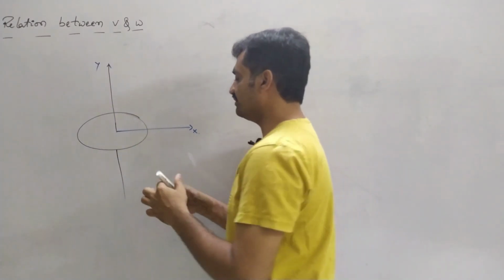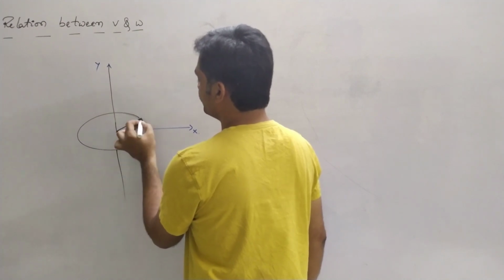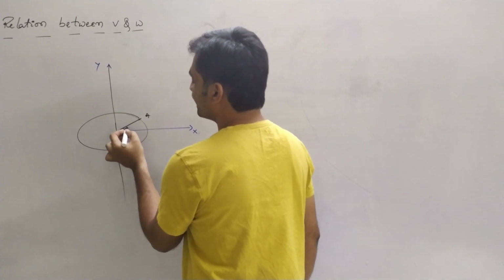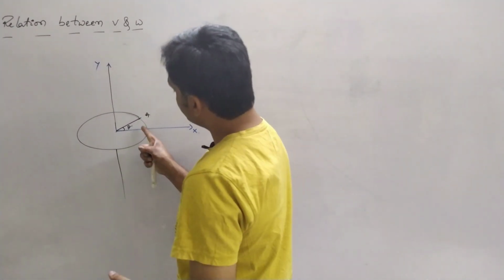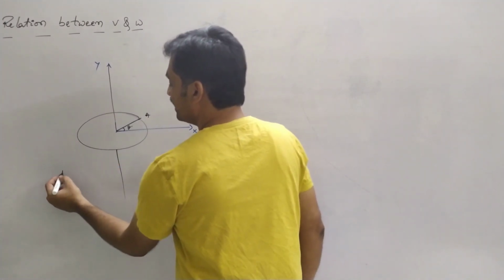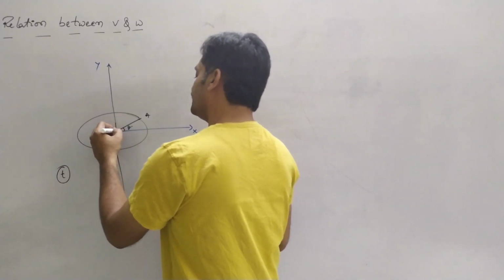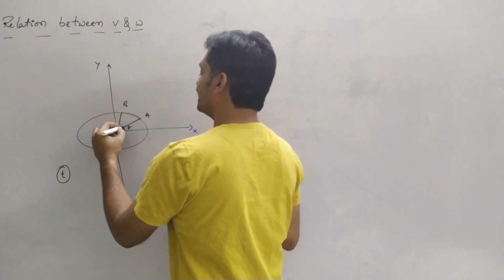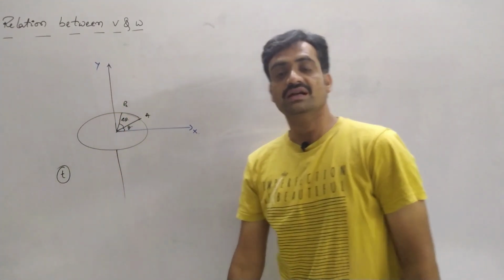So for this, what we do is we consider that initially the body is at a position A by making an angle of theta. So with respect to time, in order to reach this position A along the x-axis, the time taken by the body is t. Now the body has changed to a new position B by making an angle of delta theta.